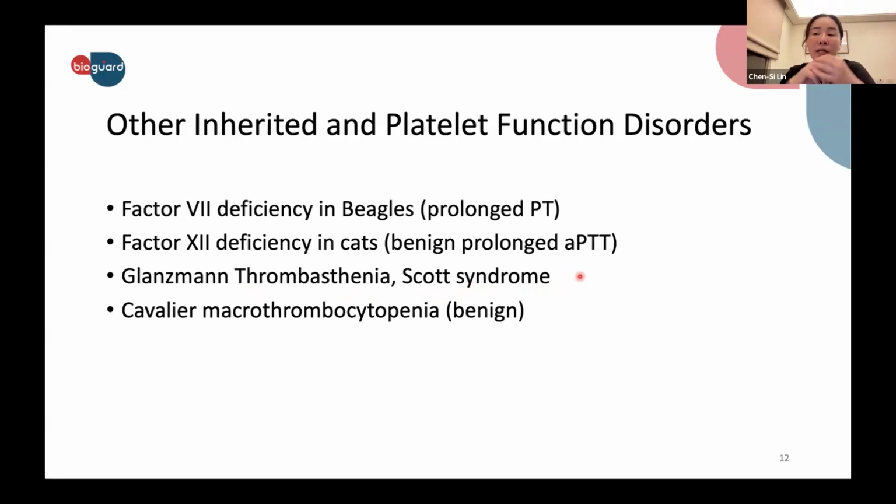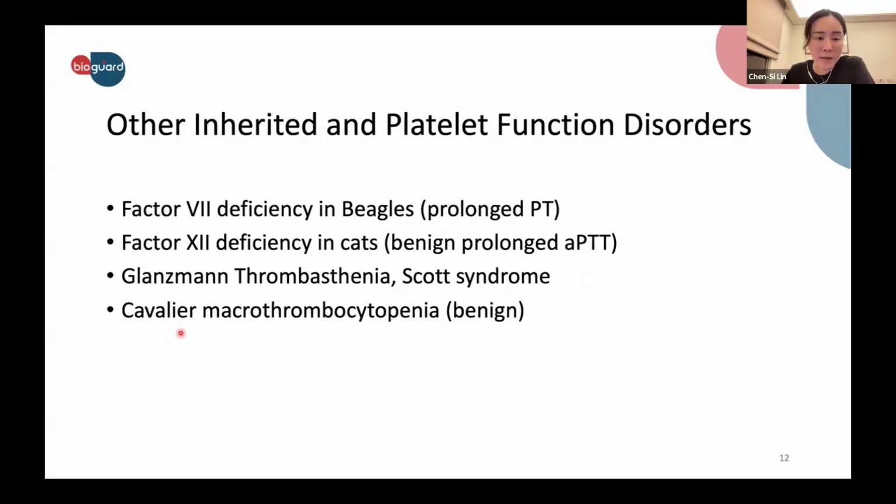Phosphatidylserine is a component within the inner cell membrane. Without this phosphatidylserine, again there is poor aggregation of the platelets, so the primary clotting doesn't work very well.